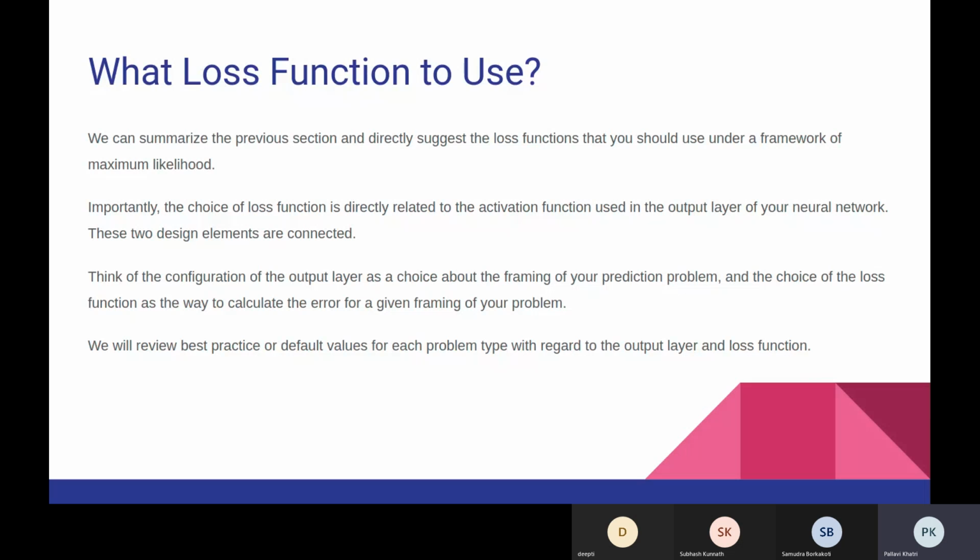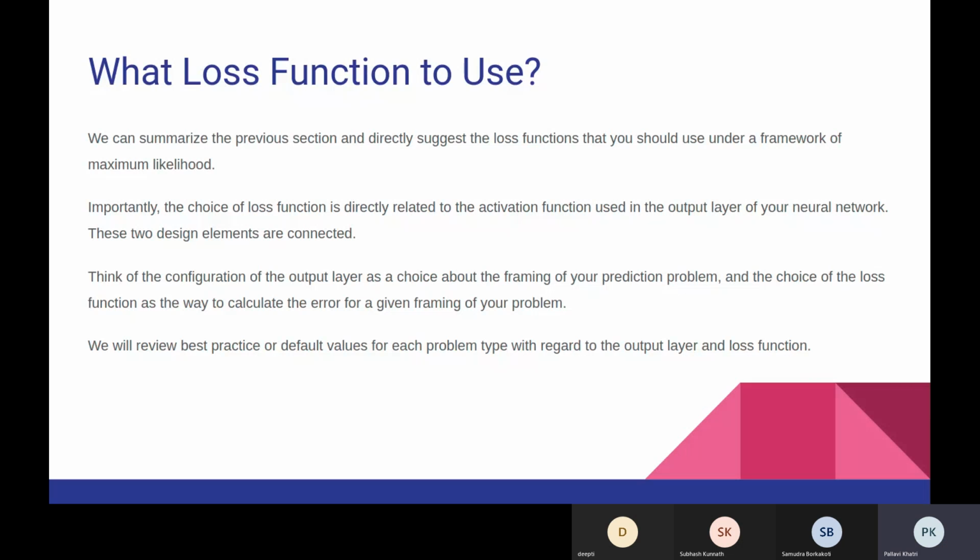So these two elements are interconnected: the activation function at the output layer and the loss function which we are using. Think of the configuration at the output layer as a choice of framing your prediction problem, and the choice of loss function as the way to calculate the error for the given framing of your problem.